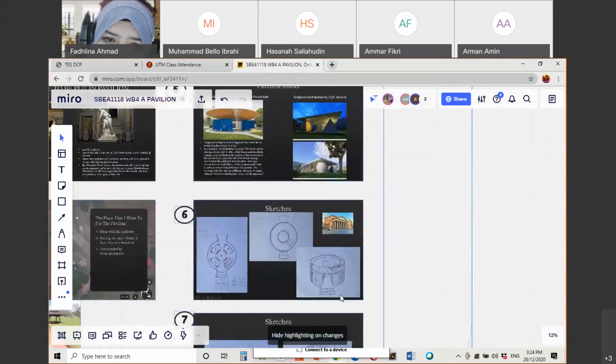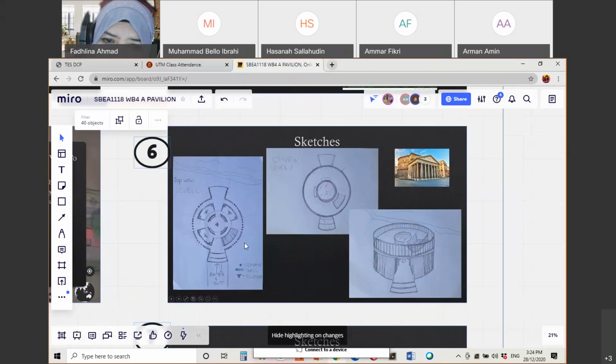So perhaps you can work on this one. Aman, boleh? Boleh. Alright, so you work on this one. I think if you have already learned about SketchUp, you can use SketchUp as the tool so that you can work more on that. Alright? Okay?